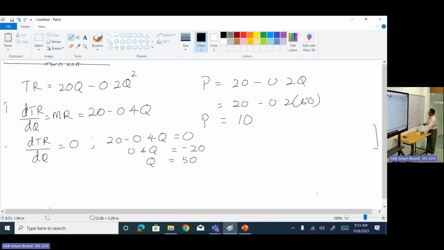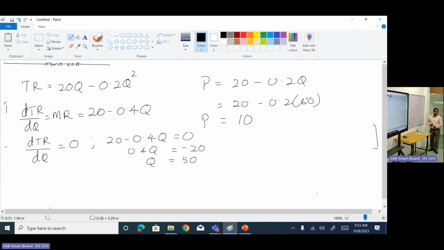Now with this price, we also need to know the elasticity. We know elasticity is greater than 1 in one range and less than 1, inelastic, in the other.